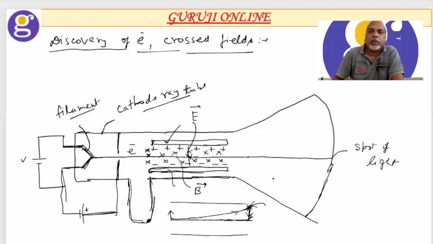That means the force exerted by the electric field causing the deflection is balanced by the same force in the other direction due to the magnetic field, and the deflection becomes zero. That's why it remains horizontal.